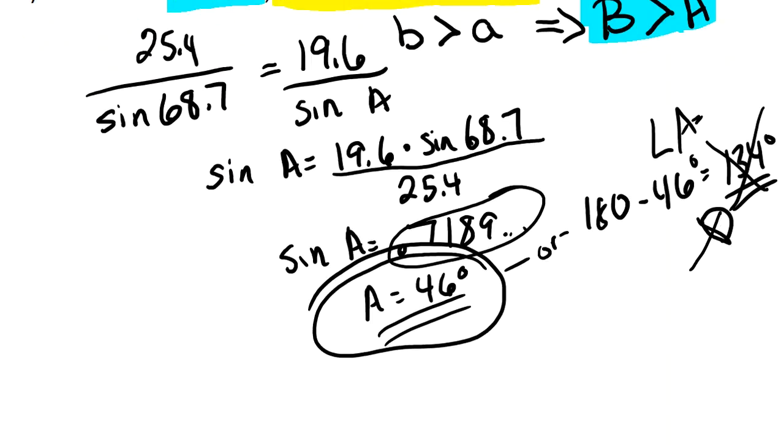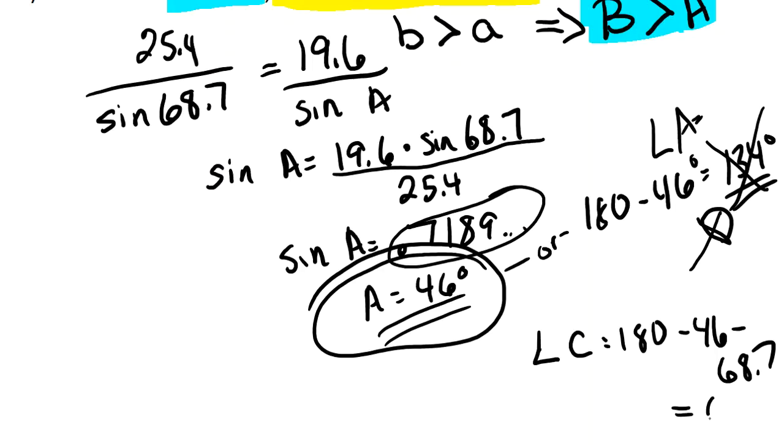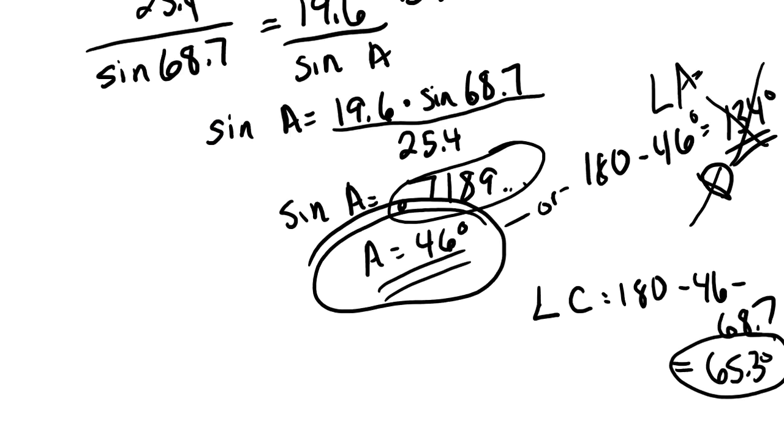So now to finish solving, I'm going to find angle C, and I'm going to do 180 minus 46 minus 68.7. That's going to give us 65.3 degrees for angle C. And finally, I'll finish up with the law of sines by doing 25.4 over sine of 68.7.